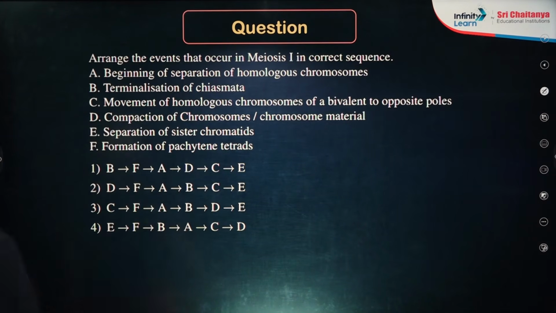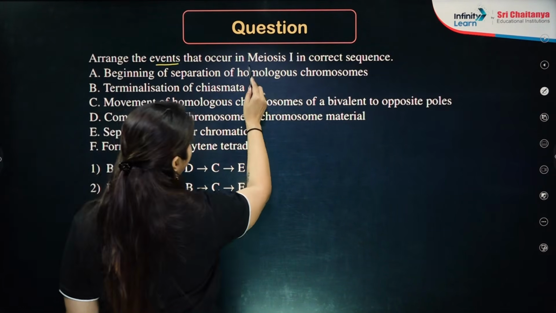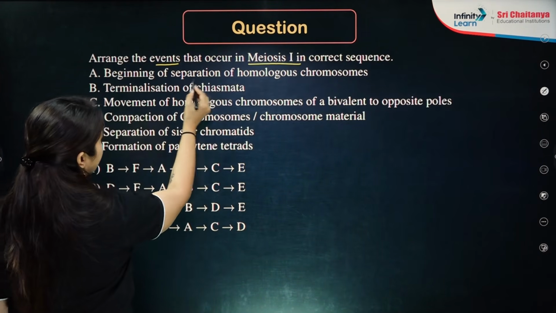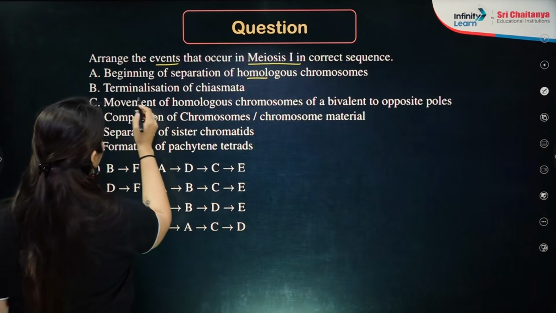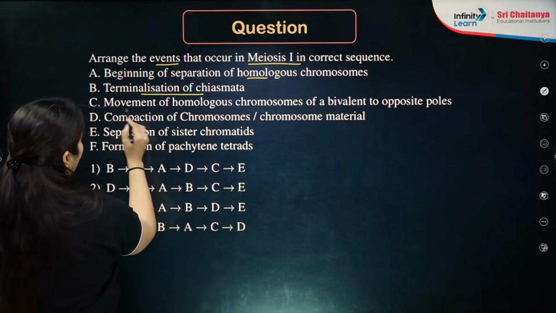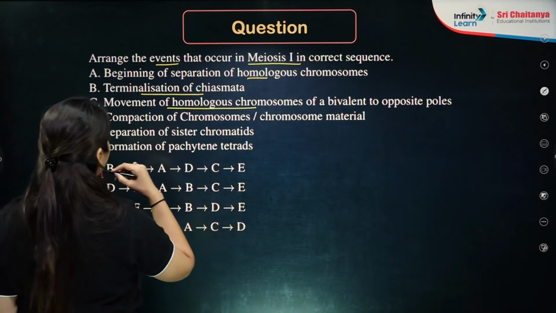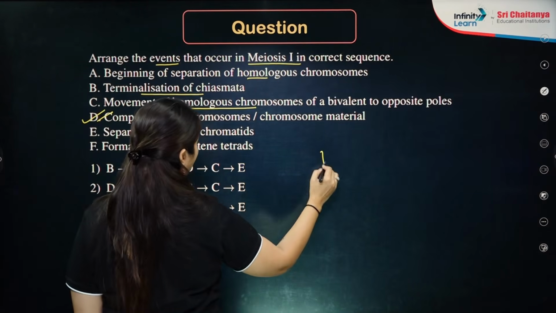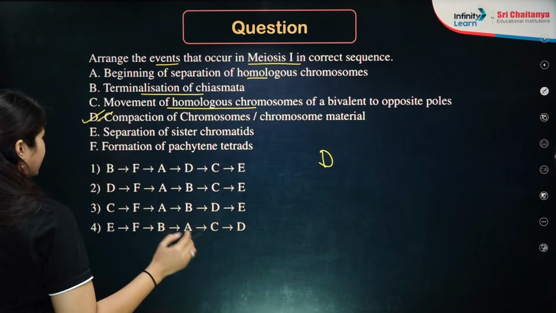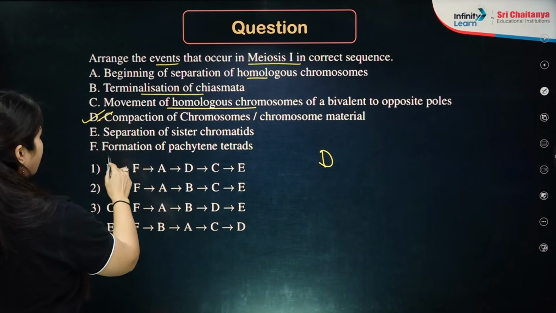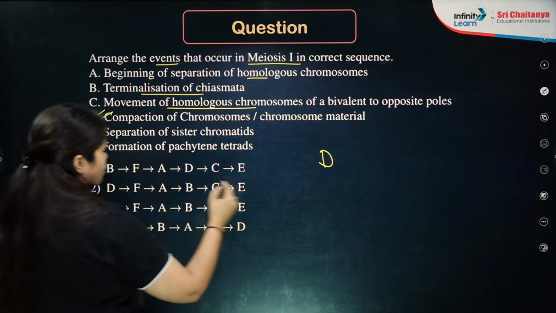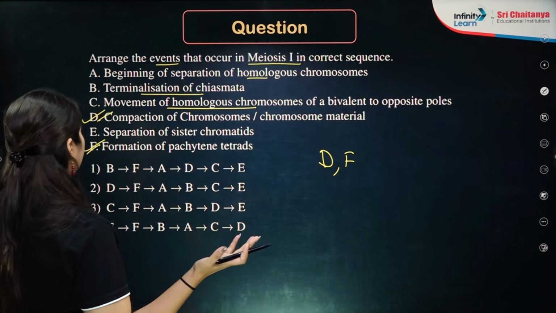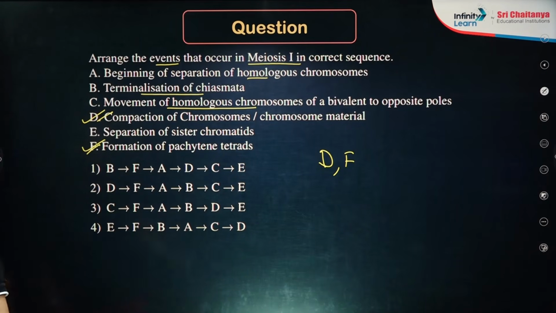Next question. Arrange the events that occur in meiosis 1 in correct sequence. First of all, there will be compaction of the chromosome material. After that, formation of the pachytene stage. Bivalents will be formed first. Later on, they will move to the different poles.